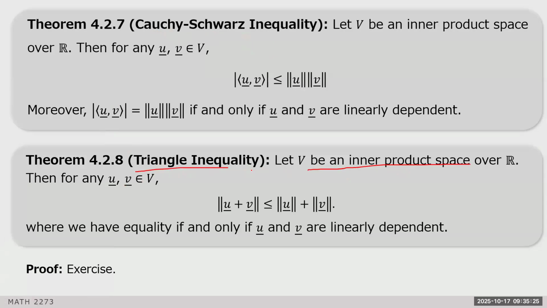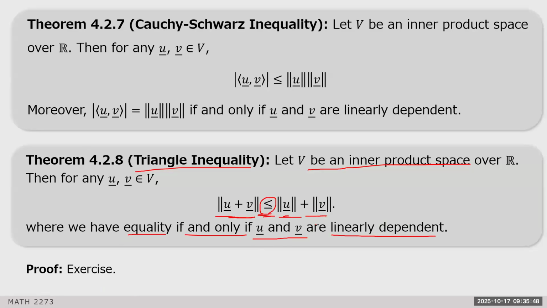So what is the triangle inequality? It says that the length of u plus v is less than or equal to the length of u plus the length of v. And again, you have equality if and only if these two vectors are linearly dependent.